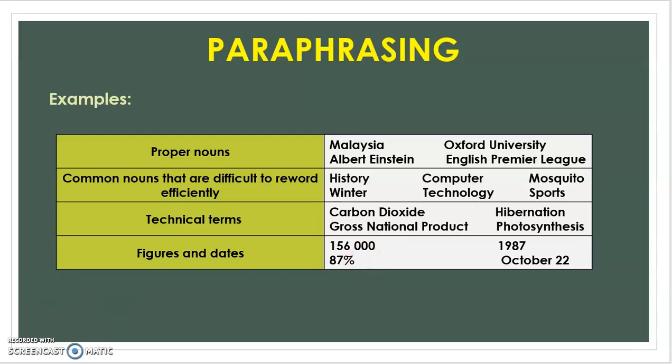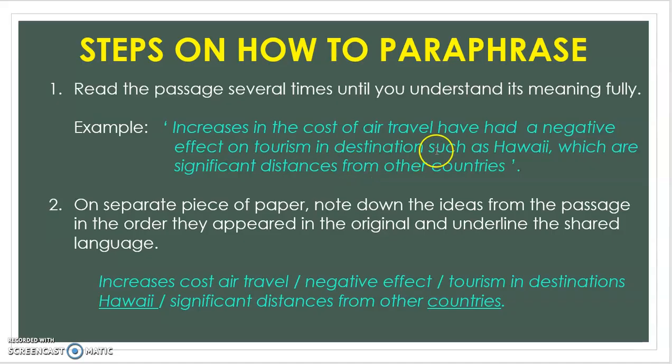Alright, let's have a look at the steps on how you can paraphrase. First of all, you read the passage several times until you understand its meaning fully. So this, for example here, is the main source, the source passage.